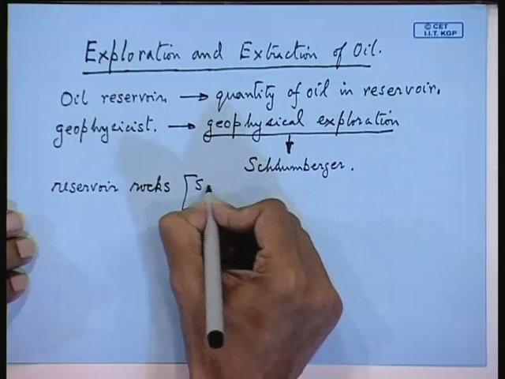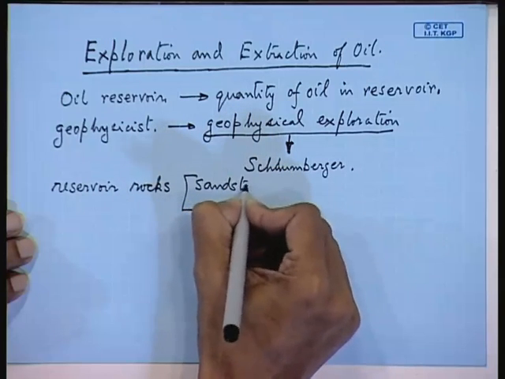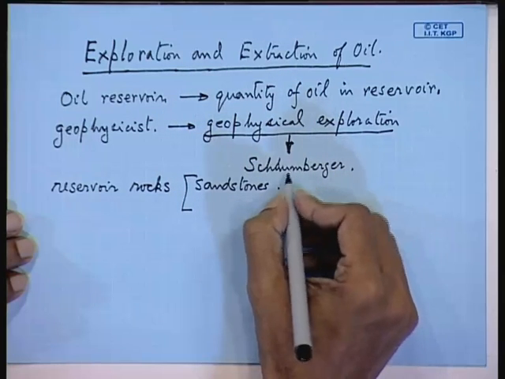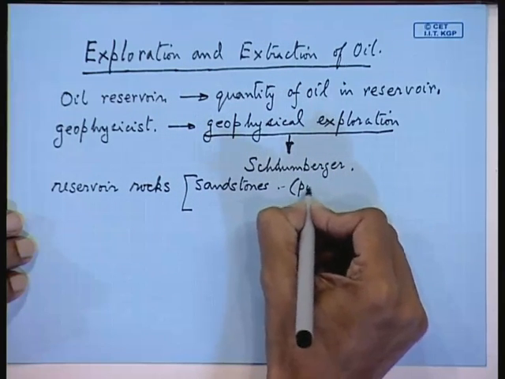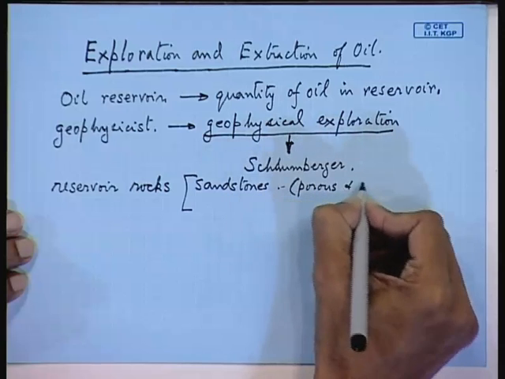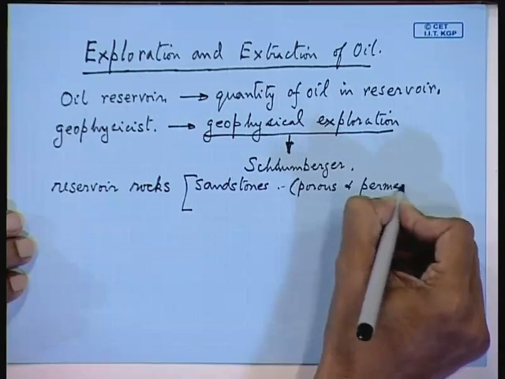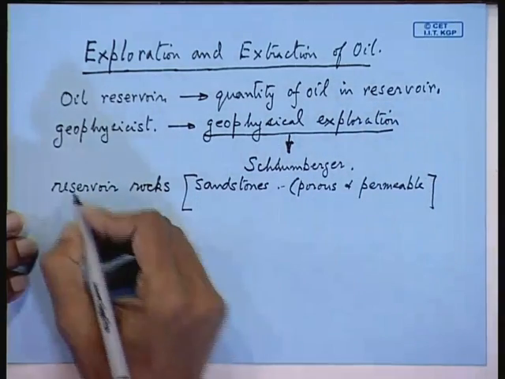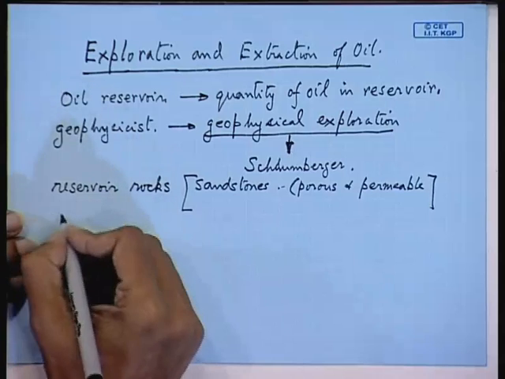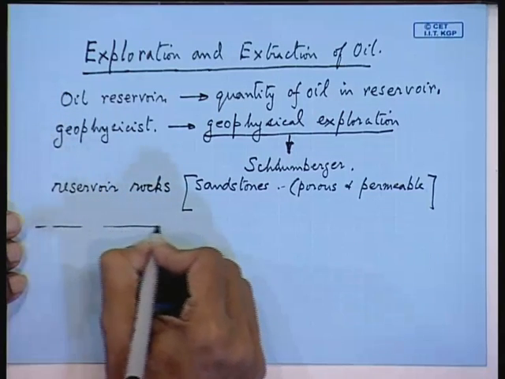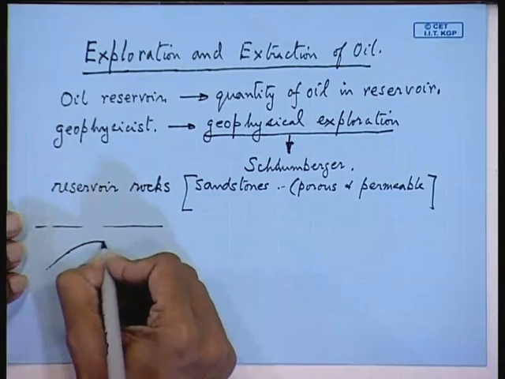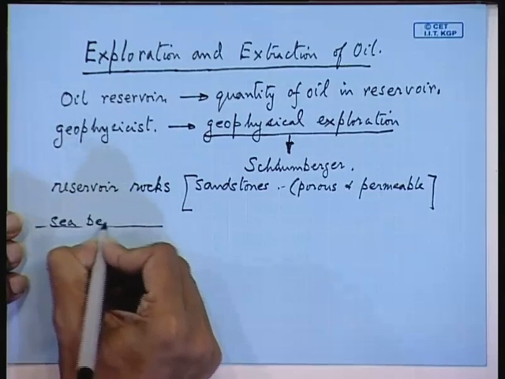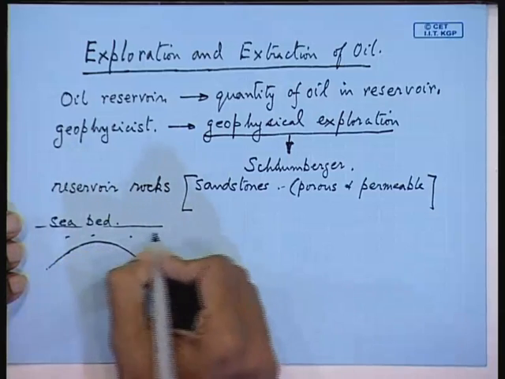Oil you will find in sandstones, porous and permeable. I am not telling you in detail, but this is for your information, and these reservoir rocks you will find in this formation. So, this is your seabed, and this is called reservoir rocks.